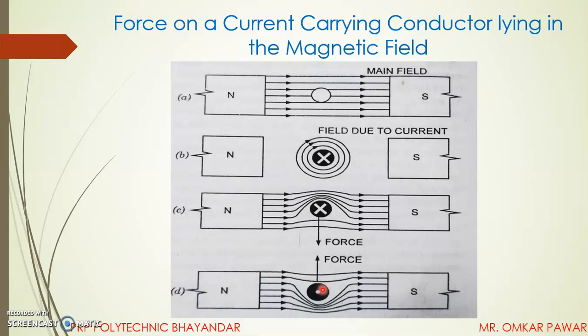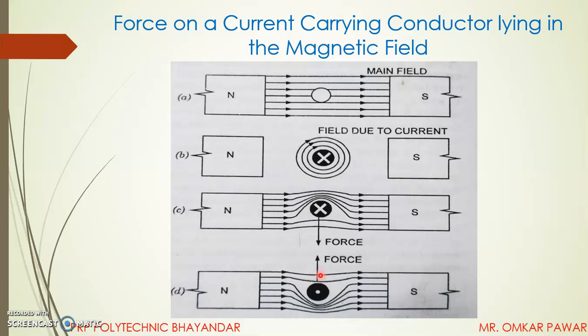In the same way, consider another condition, that is, current comes out of the conductor, towards you. If we find the direction of the magnetic field using the thumb rule, the direction of the magnetic field is anti-clockwise. So below the conductor the field adds to the main magnetic field, and above the conductor surface it opposes the main magnetic field.